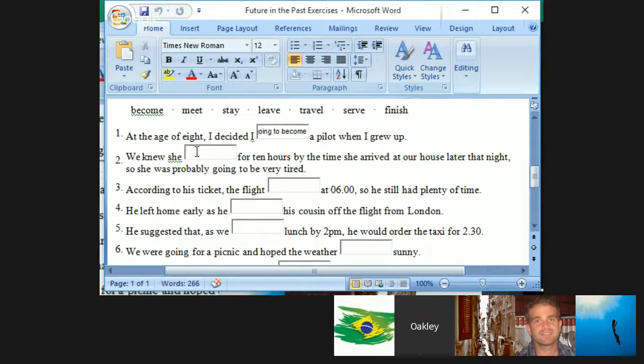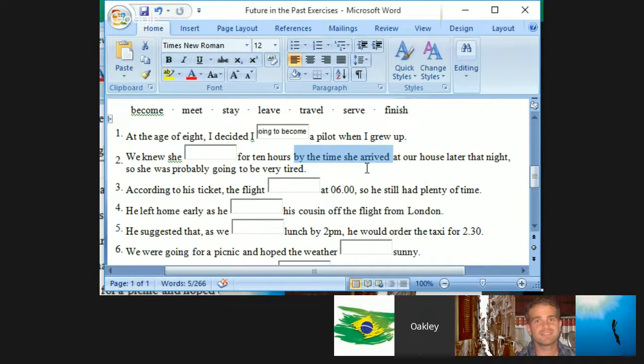Ale, number 2. Okay. We knew she was going to travel for 10 hours by the time she arrived at our house later that night. So she was probably going to be very tired. Okay, by the time she arrived.